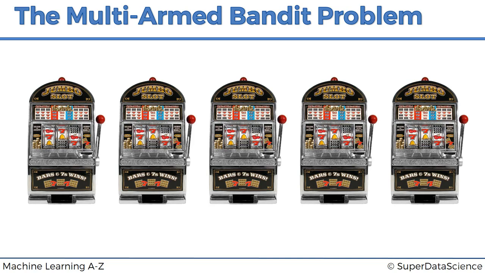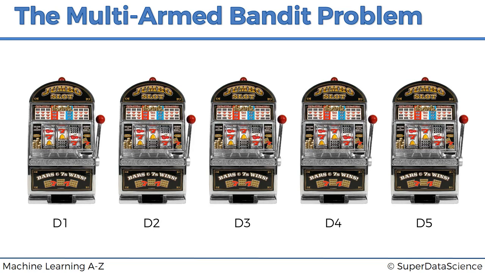Well, to describe the problem in more detail, we've got to mention that the assumption here is that each one of these machines has a distribution behind it. So there's a distribution of outcomes out of which the machine picks results, right?